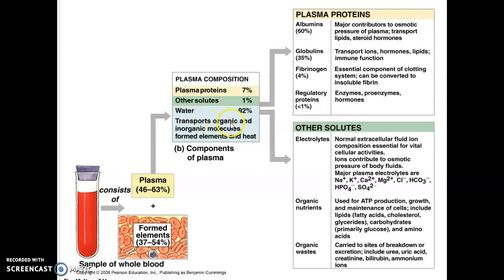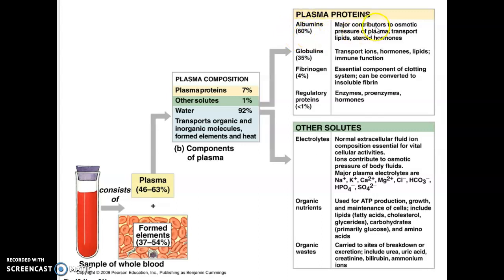All right, so water's the main component of plasma, but then 7% of plasma is made up of proteins. Now again, if I add these up, I'm going to get 100% of the proteins. By far, we have more albumin than any other type of protein.